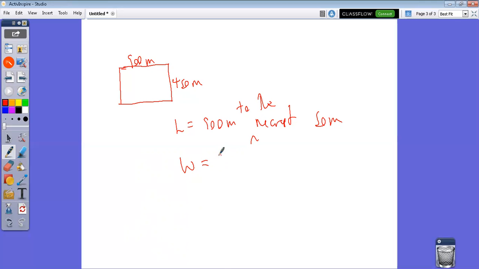Then W, let's say, which is 450 meters to the nearest 10 meters.